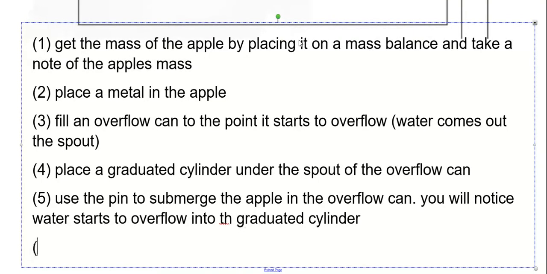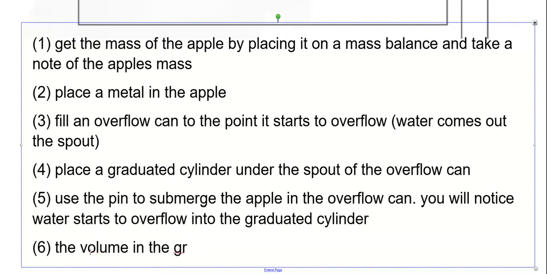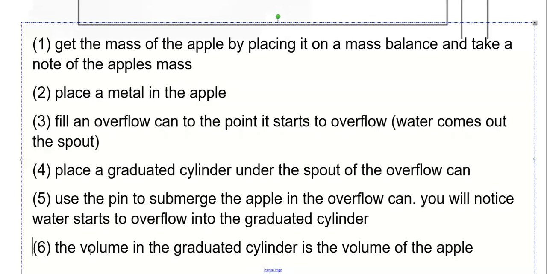And finally, number 6. The volume of water in the graduated cylinder is the volume of the apple.